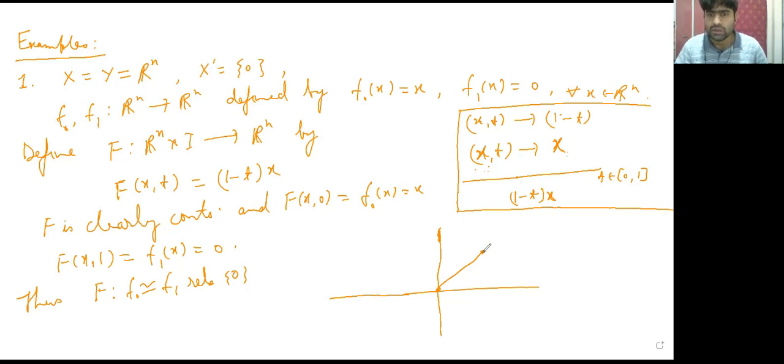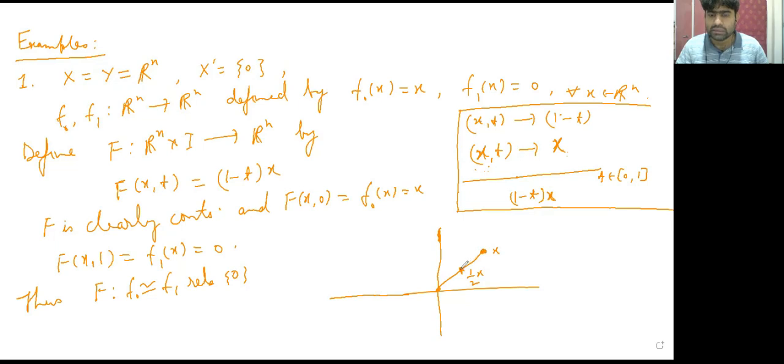So when t equal to 0, you have x goes to x, right? When t equal to half, you see 1 minus half is half, so x goes to half x, somewhere here, x, half x.